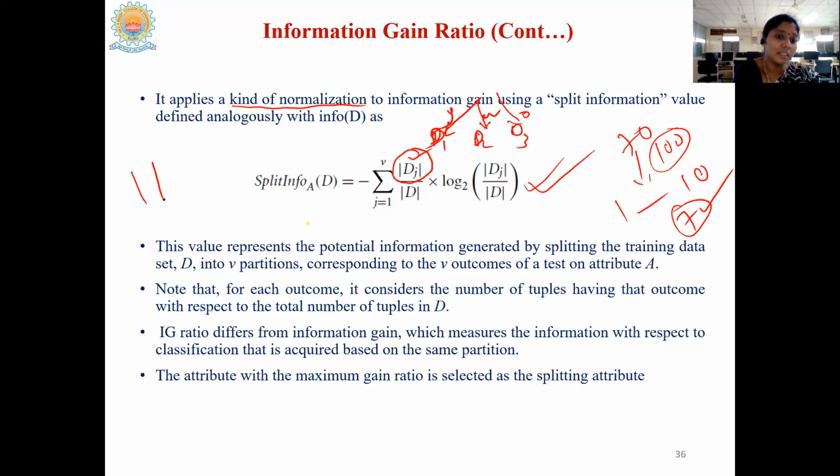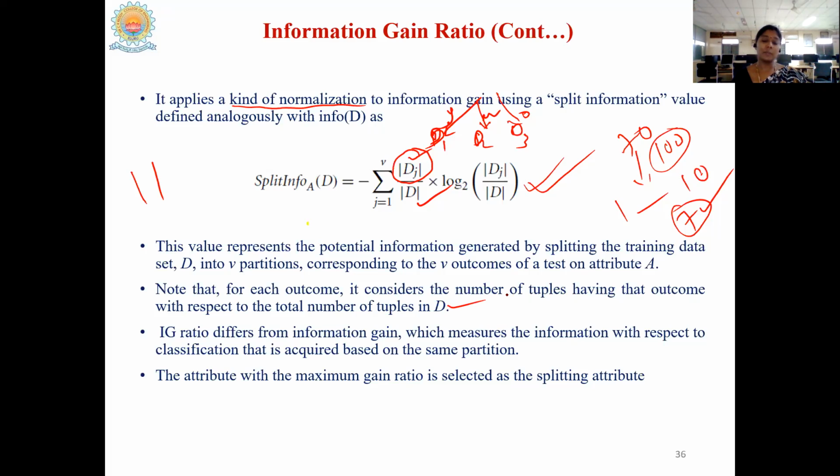The modulus always indicates the number of tuples in that particular data set, as a ratio to the total number of tuples in D. So information gain ratio differs from information gain, which measures the information with respect to classification acquired based on the same partition. The attribute with the maximum information gain is selected as the splitting attribute.